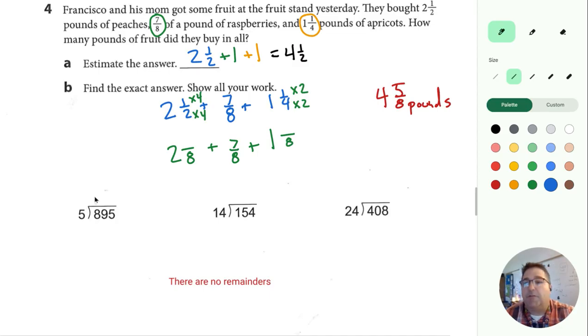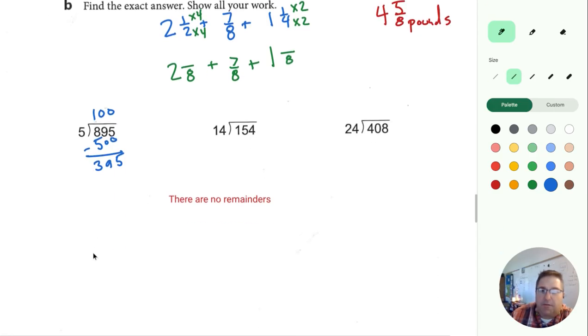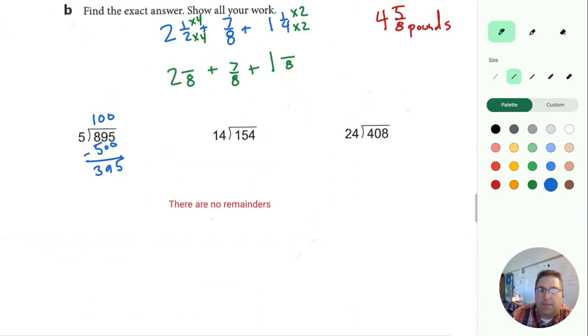Yeah, so we can start with 100 groups of 5, right? 100 times 5 is 500. So we get a 5, a 9, and a 3. Cool. So now we can see how many times 5 goes into 395. And go from there, okay, guys? So just keep practicing. And again, there are no remainders on these.